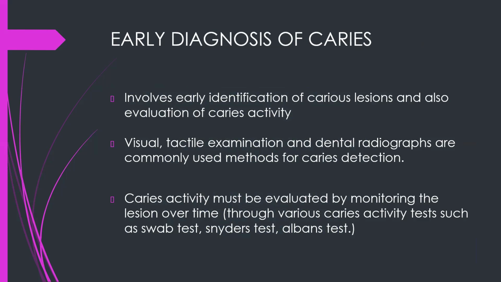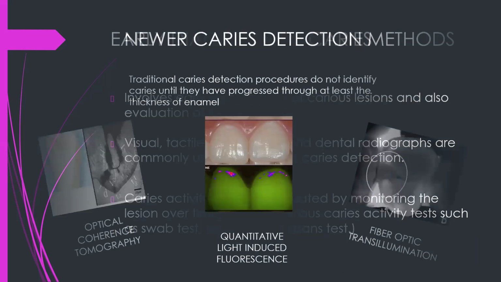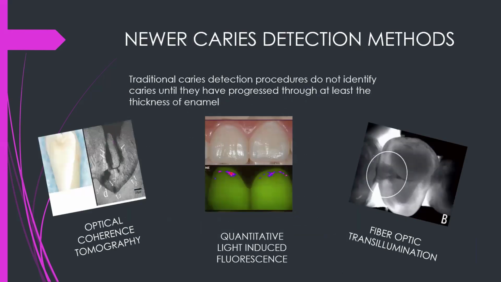So you have learned about swab test, Snyder test, Alban's test. This can be mentioned. Now, if you want to detect caries in the earlier stages, there are newer advances such as optical coherence tomography, QLF or quantitative light induced fluorescence, and fiber optic transillumination, which are helpful in early caries detection.